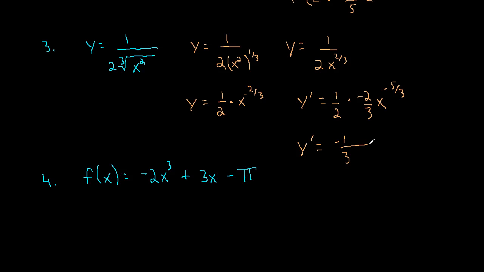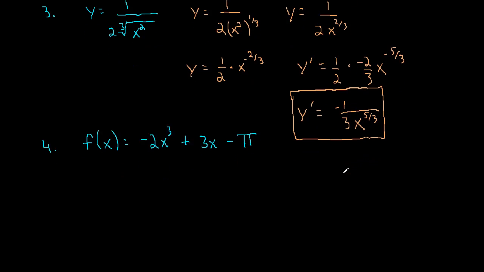And notice that x is being raised to a negative exponent, so if I bring him back downstairs, he becomes a positive 5/3. Now, you know, how far do you go? How far do you simplify? Well, it's a matter of preference. It's a matter of what your teacher likes, I suppose. I don't mind these rational exponents. If you want to change that to the cube root of x to the 5th, you can, but this is your derivative. You are done.